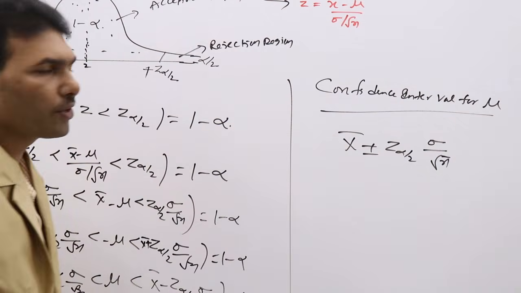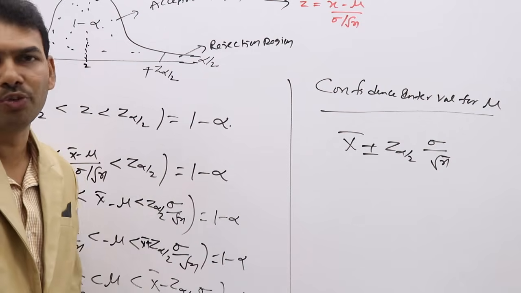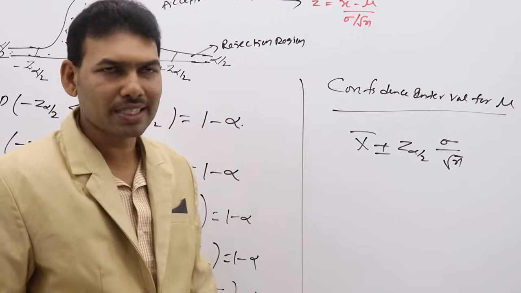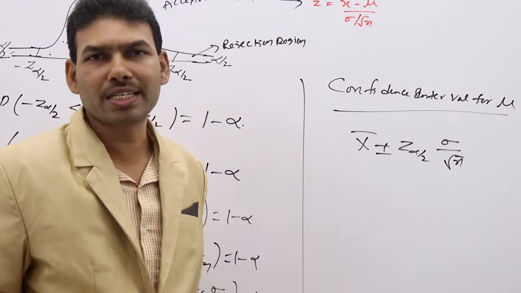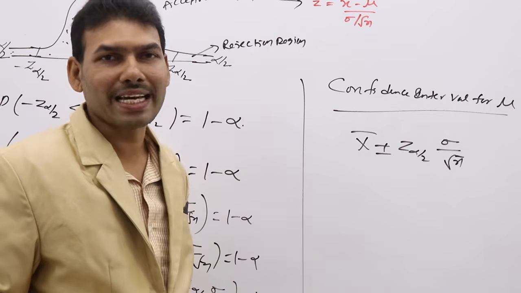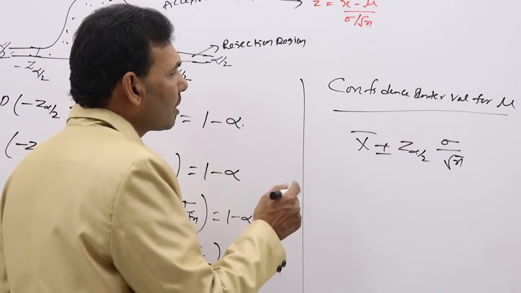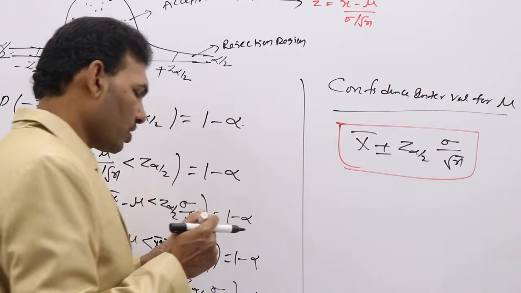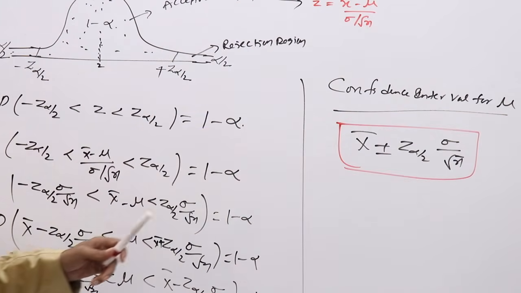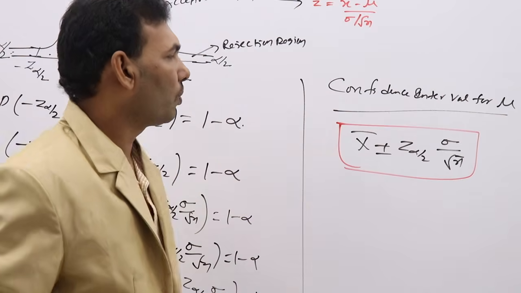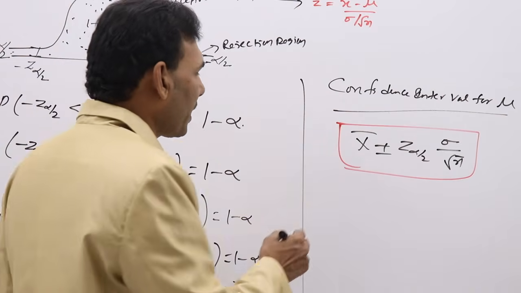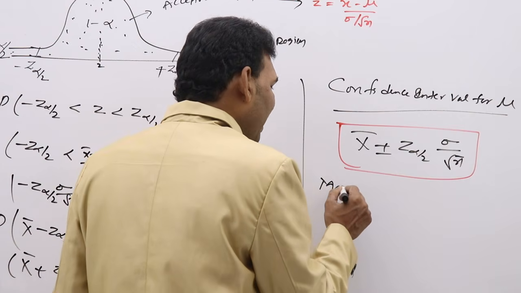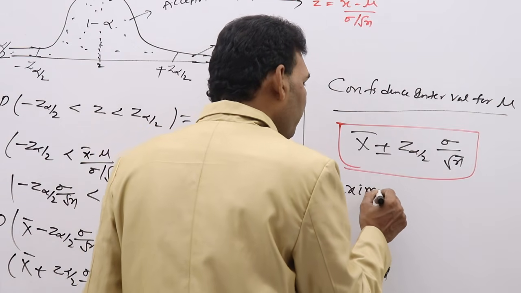The z alpha by 2 is the z distribution value we will evaluate. X bar is the sample mean, sigma is the SD of the population, n is the size of the sample. This is the formula to calculate the confidence interval for a large sample. Here z alpha by 2 into sigma by root n is called the maximum error of estimate.